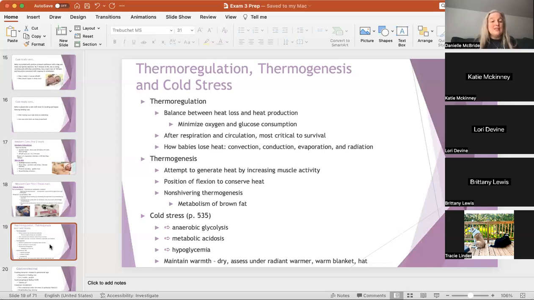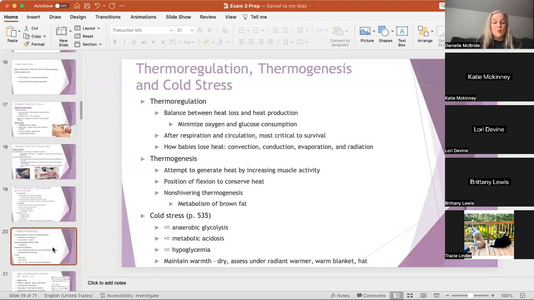And so that's why skin to skin is important. That's why drying and stimulating your baby at delivery is important, to try to minimize the evaporative heat loss. And so next to respirations and circulation, thermal regulation is the most critical thing for babies. All right. So let's keep our babies warm.